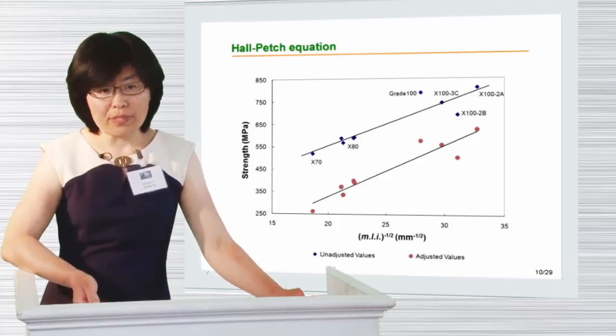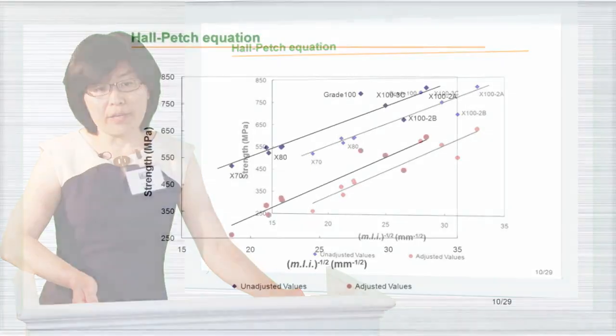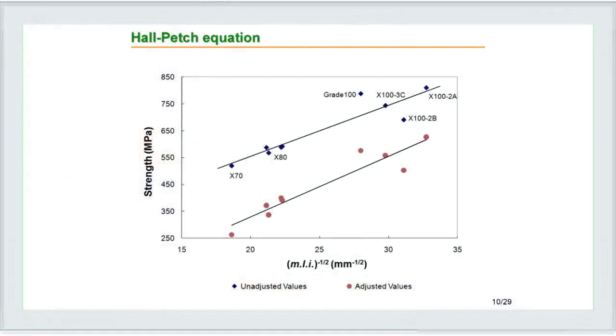The red points show the adjusted value, and they are the actual results based on the grain size measurement. And the blue points are the values compared to the actual yield strength of the steels.